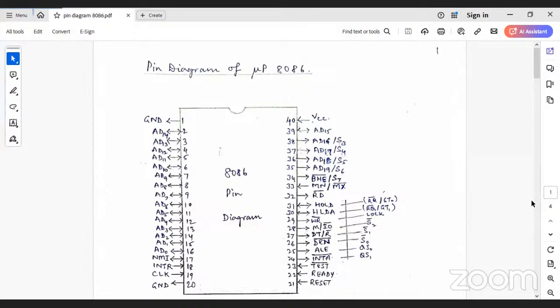When you are using these pins 24 to 31, in which mode are you using? All those pins we have to explain. See, first of all, what is minimum and maximum mode? Just now I said, when it is logic high, it works in the minimum mode. When it is logic low, it works in the maximum mode.